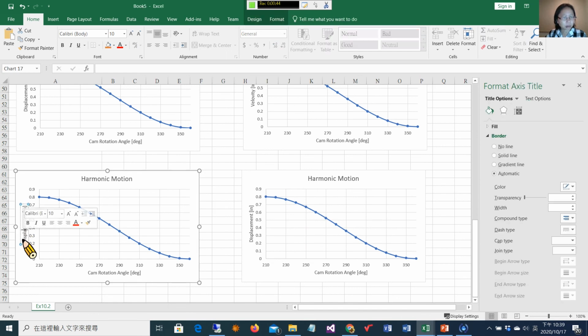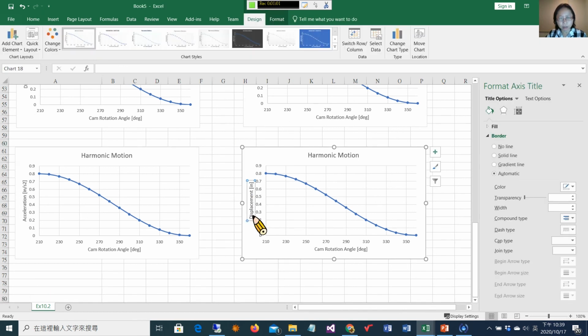And this is acceleration, in inch per second square. And this is jerk, in inch per second cubic.